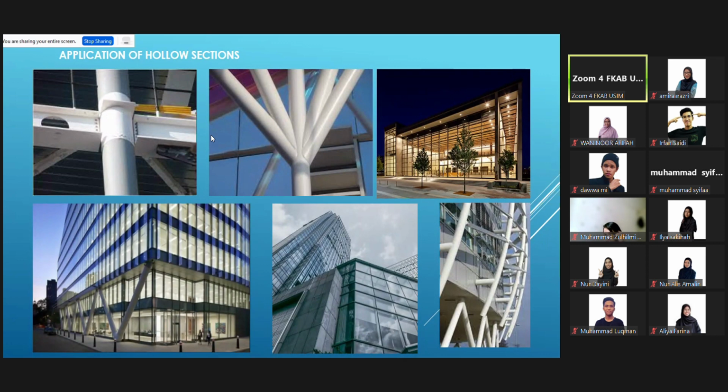But you can see the size of the column here is different. It's not like one diameter only, but once you go up, the column gets smaller and narrower. So a lot of ways to design. It depends on the level of your creativity to actually design with steel structures.